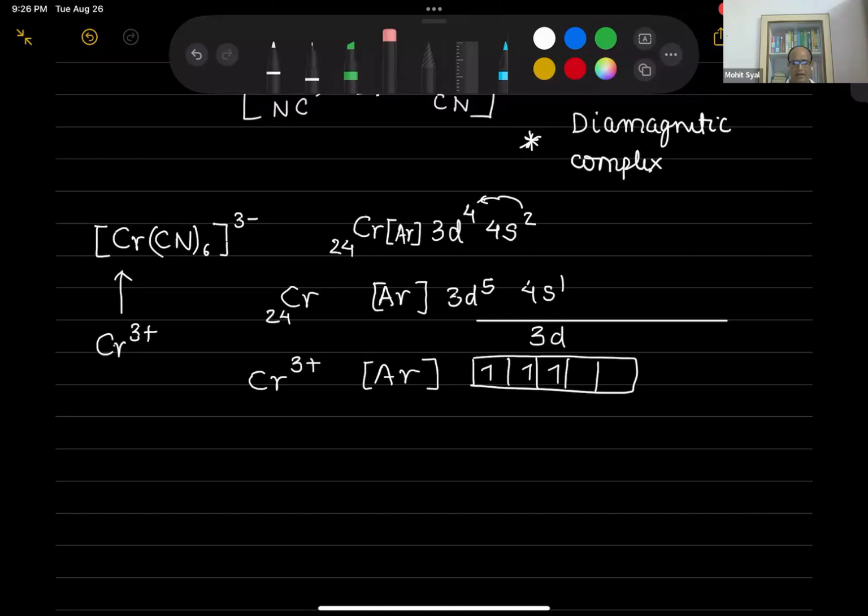We have strong field ligands, and we need 6 empty orbitals.